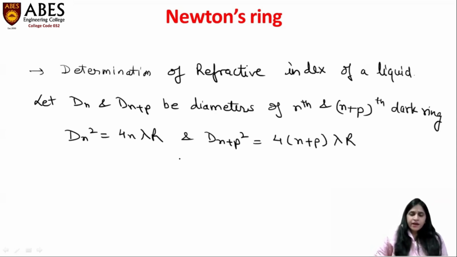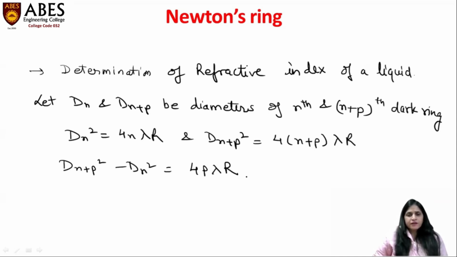If we subtract these, we get Dn+p square minus Dn square is equal to 4pλR. Okay, this is equation number 1.